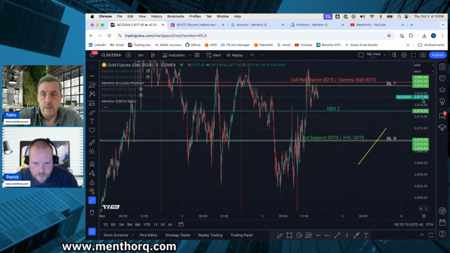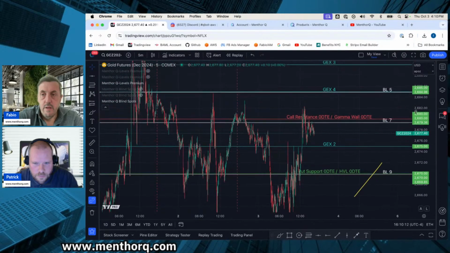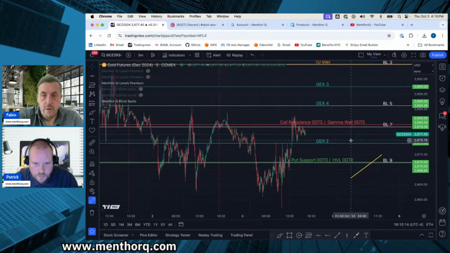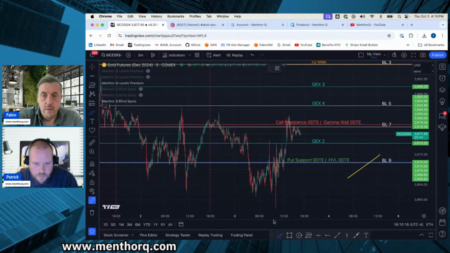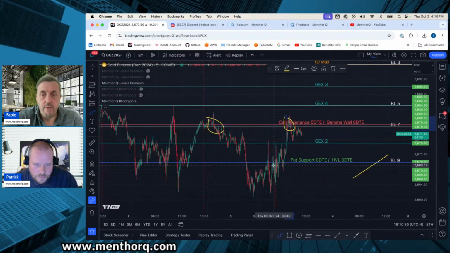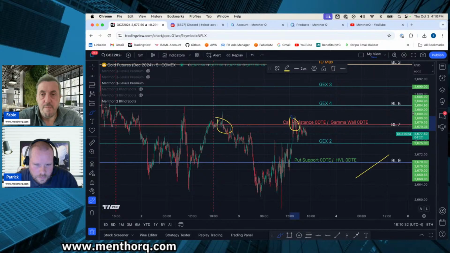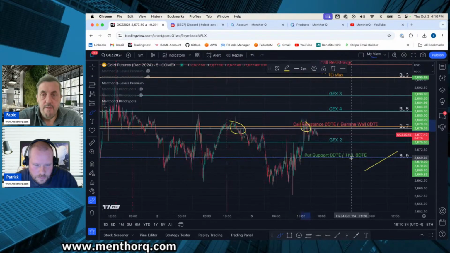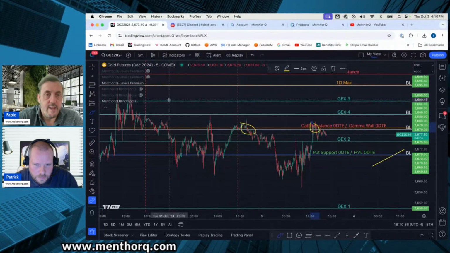Here we see a very interesting rejection of the call resistance area on a couple of occasions right here, and some consolidation around this level. Then we have some blind spots there as well. For gold, we have some interesting things.